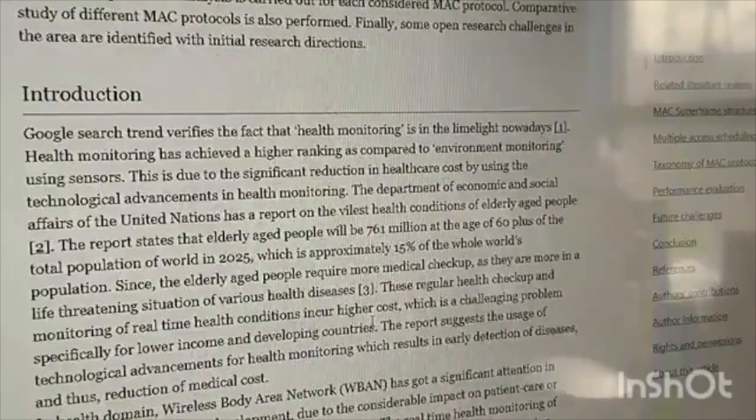Google search trends verify the fact that health monitoring is in the limelight nowadays. Health monitoring has achieved a higher ranking as compared to environment monitoring using sensors. This is due to the significant reduction in healthcare cost by using technological advancements in health monitoring.